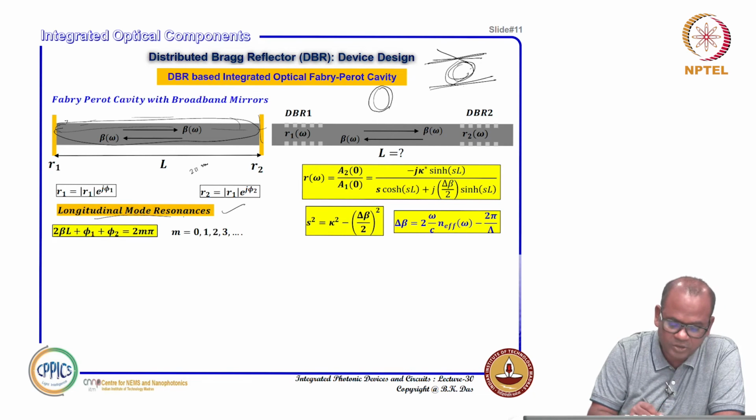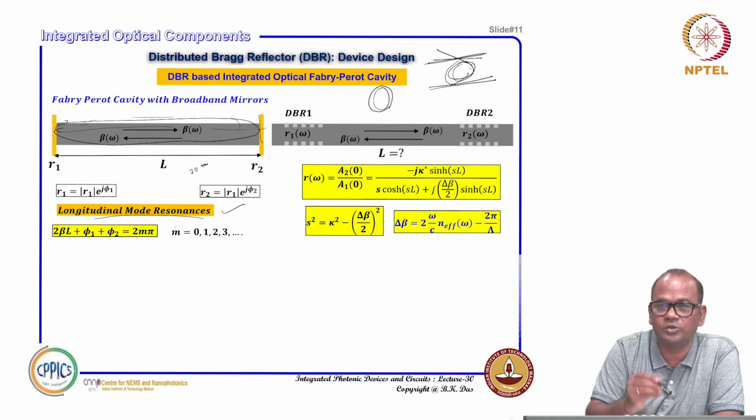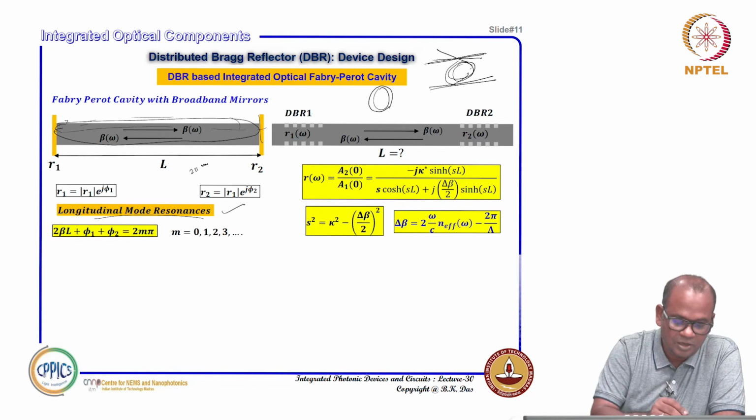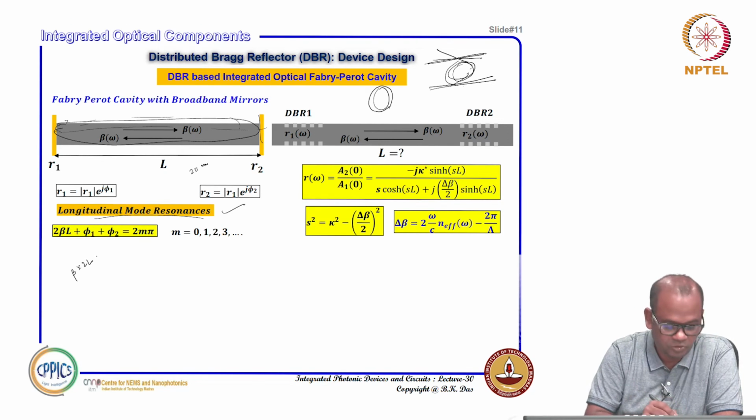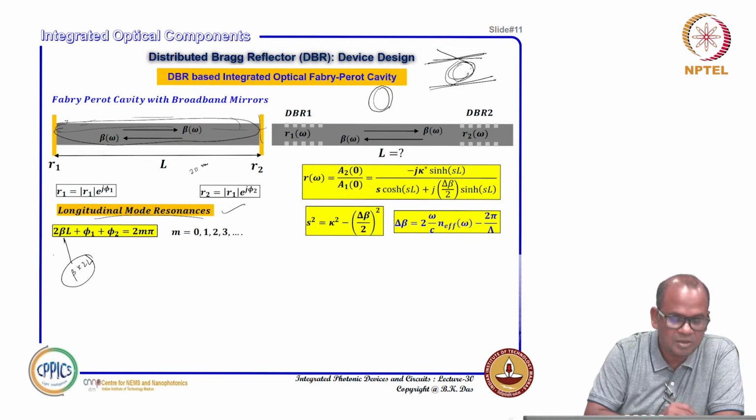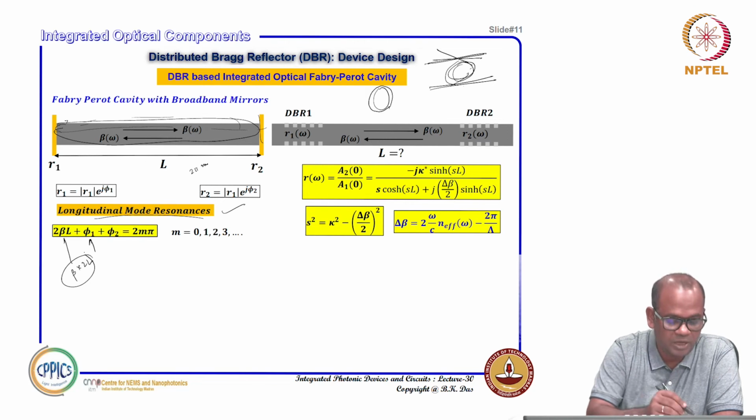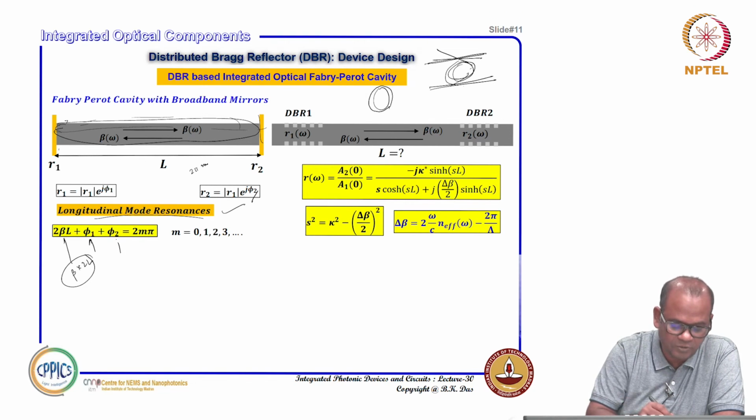So these are longitudinal mode resonances, because we are considering the phase in the longitudinal direction. Round trip phase: if beta is the propagation constant, the round trip length is 2L, so the path dependent phase is 2 beta L. Then mirror 1 introduces phi 1 and mirror 2 introduces phi 2.